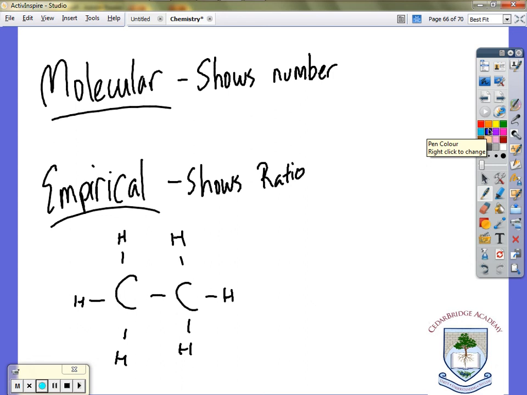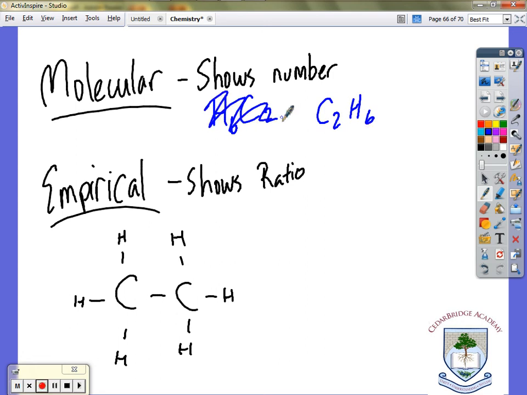Count up what's there. 1, 2, 3, 4, 5, 6 H's and 2 C's, and you'll use your rules and write it out as C2H6. Okay, so that's your molecular formula.